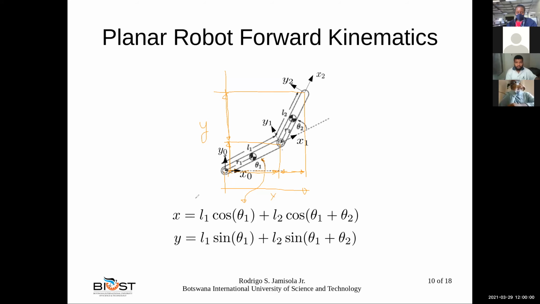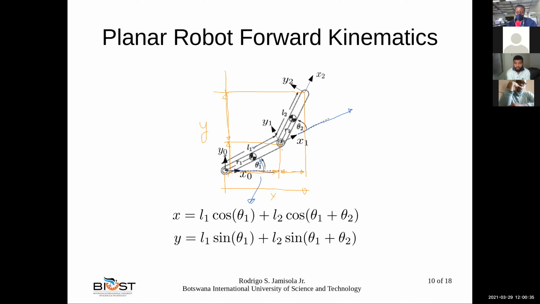Let me change the color. So this is your theta 1, and that is your L1. So L1 cosine of theta 1, that's correct. That is your X. Now what is this distance? Because theta 2 is taken based on frame 1, and your frame 1 is this frame that moves together with the joint.